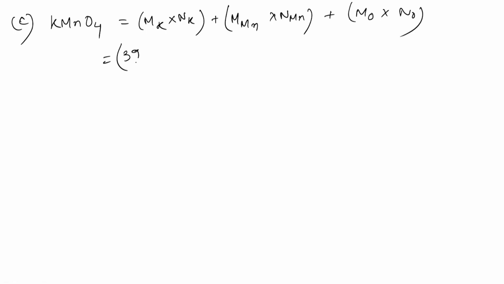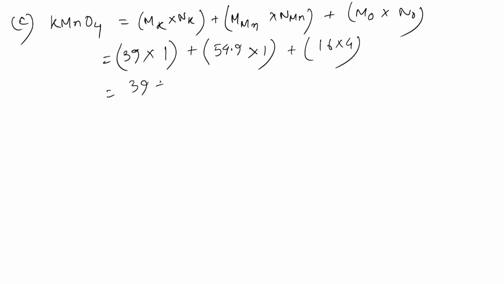So this comes as 39 into 1 plus 54.9 into 1 plus 16 into 4. So this is 39 plus 54.9 plus 64. So this comes as 157.9 AMU, which can be considered as 158 AMU.